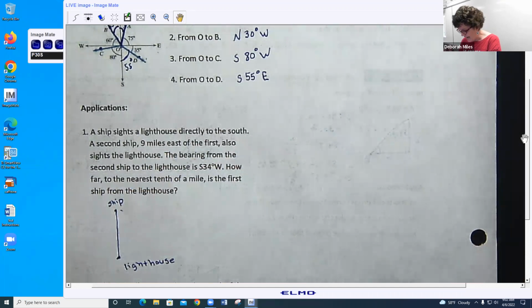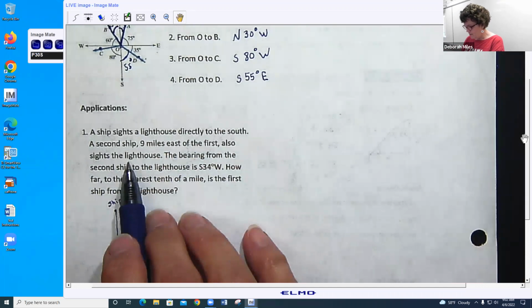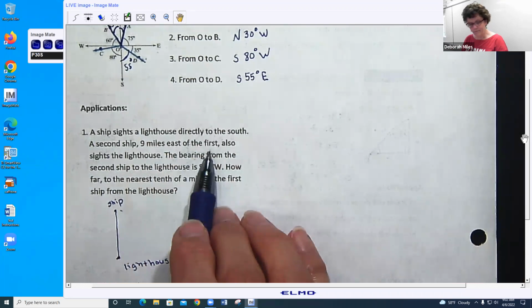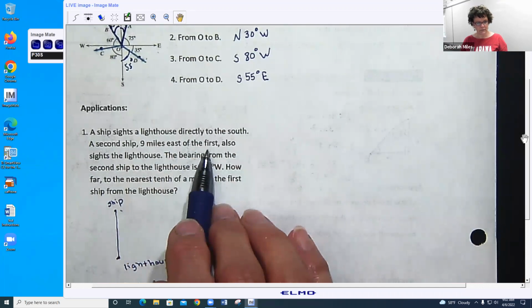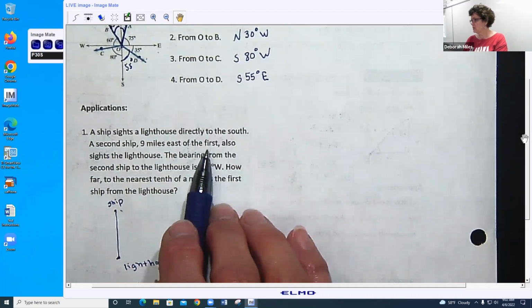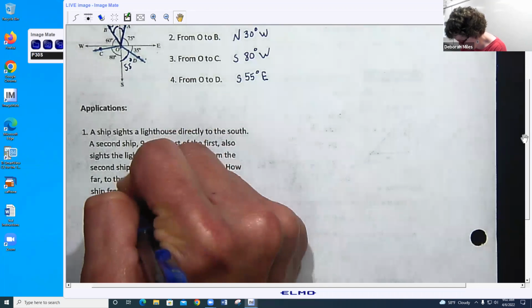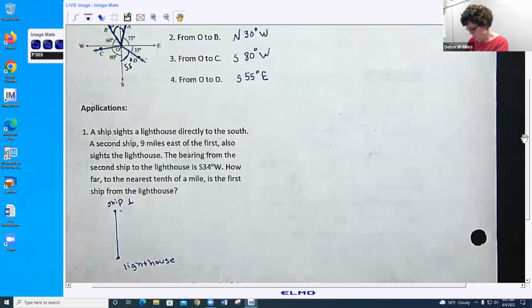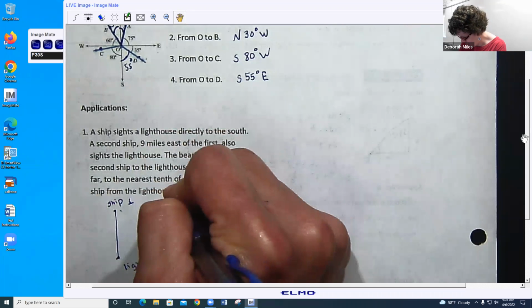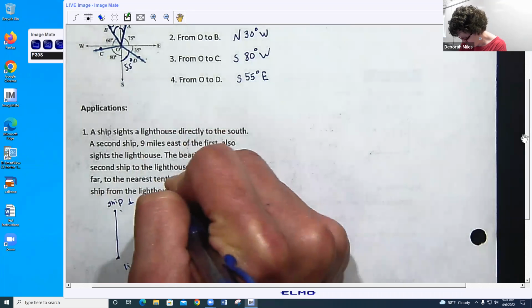And there is a second ship that's 9 miles east of the first. Is east to the left or to the right on a map? Right. So I need to call this ship 1, I suppose, so I can distinguish it from ship 2.